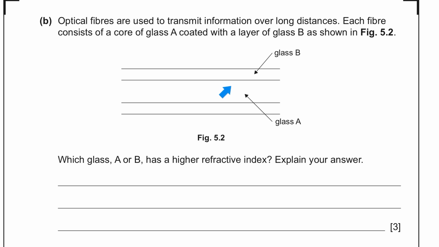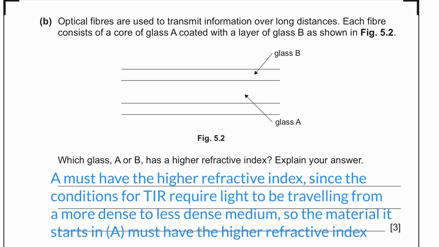So that means that we have to have a more dense here, less dense here, and so the higher refractive index has to be in the core. So remember that we have conditions for total internal reflection, and therefore we can explain that it must be starting in the higher refractive index, which means that A must be the higher refractive index.